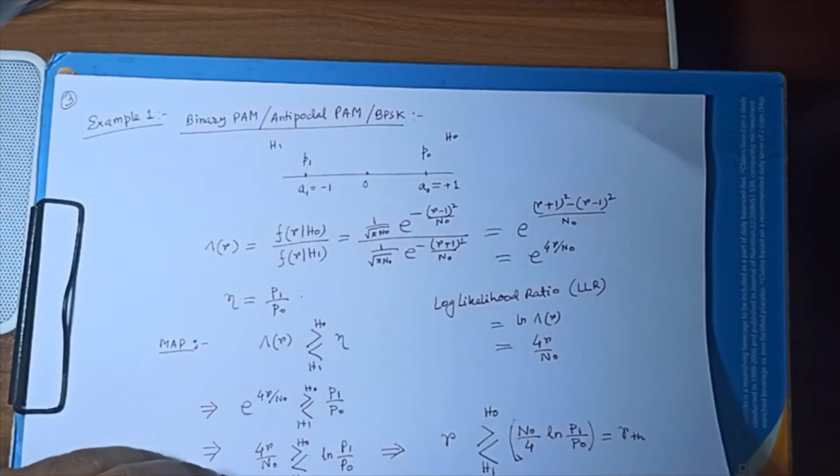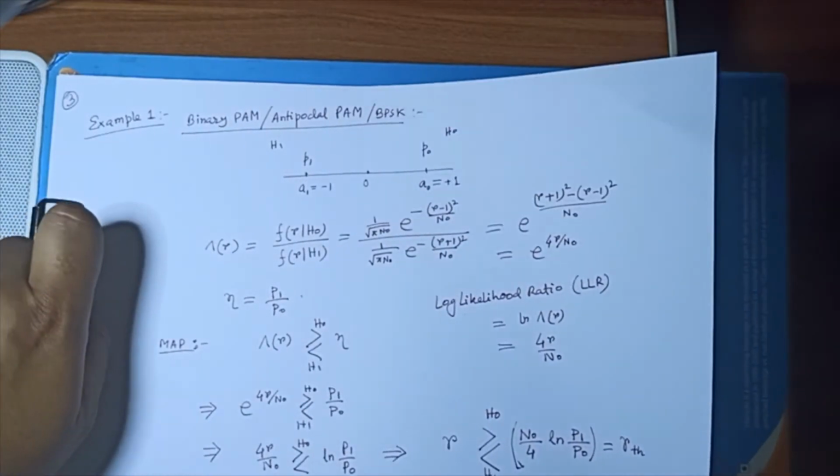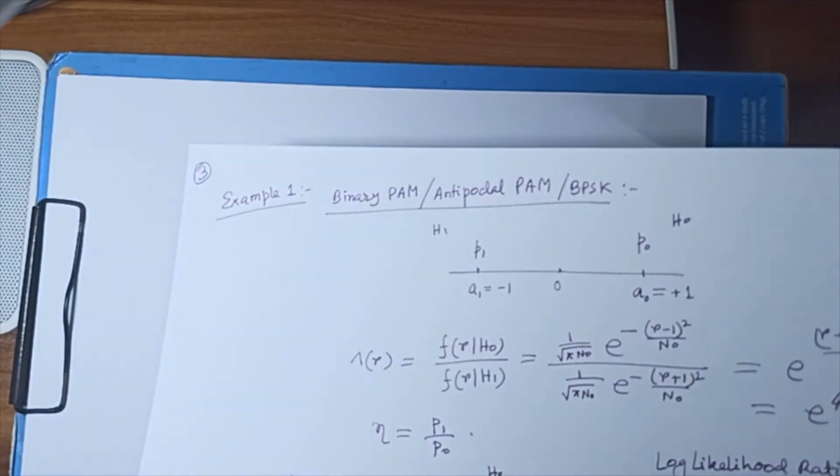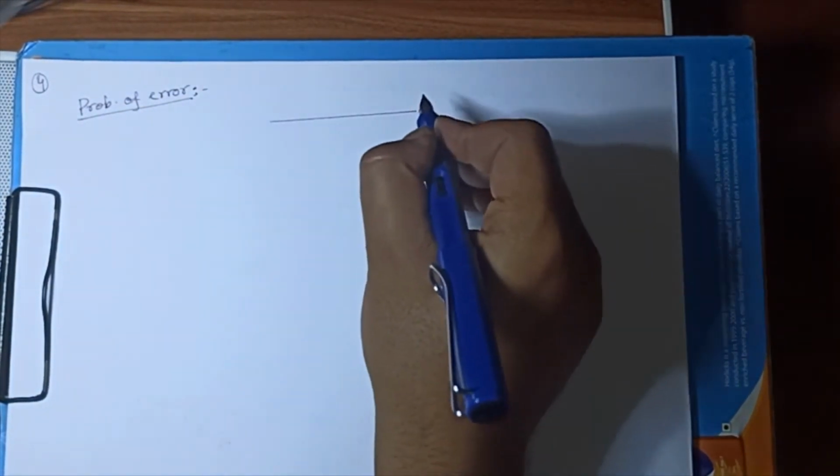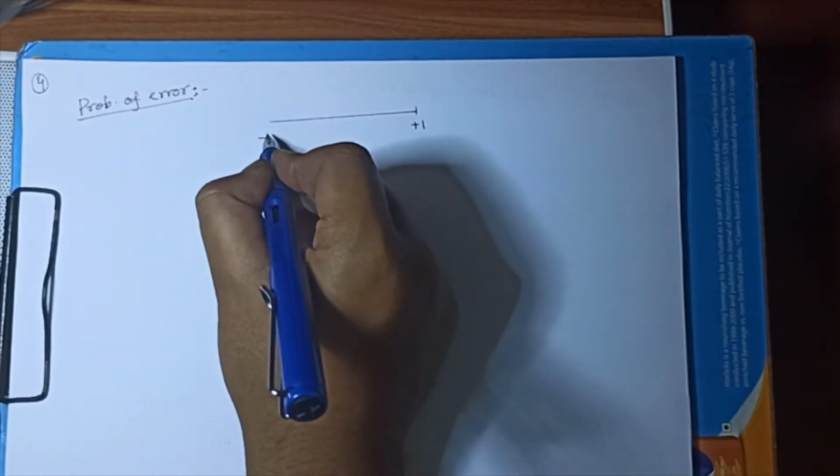Okay. Now let me talk about the probability of error, which I discussed in the last class a little bit, but let us now get some functional form of the probability of error. Of course this detection will not be error free. So what will be the probability of error? This one is +1, this is -1.